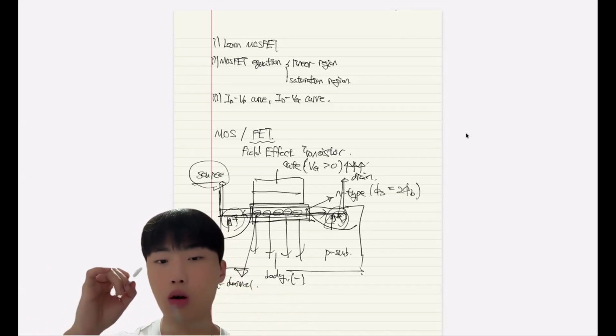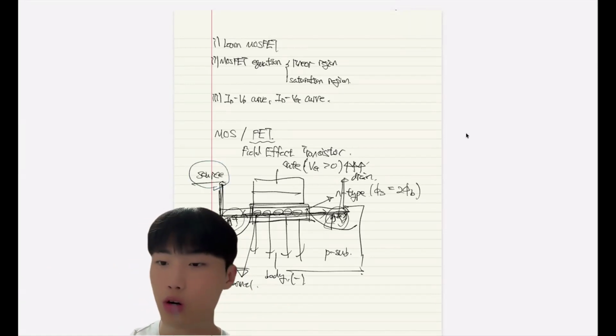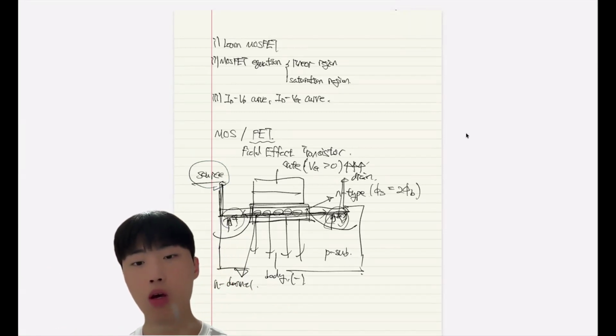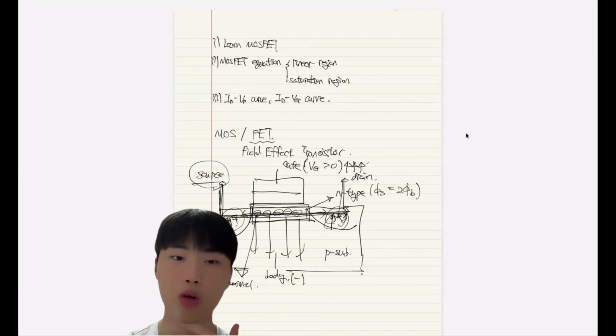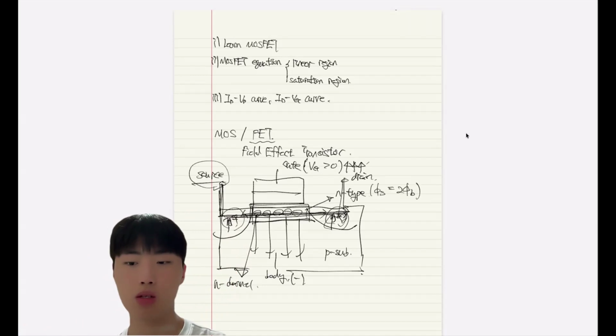So the holes go left to right like this. The holes are moving to the right side, and the hole direction and the current direction are the same. So the current flows from source to drain. So the N channel and the P channel current directions are opposite.